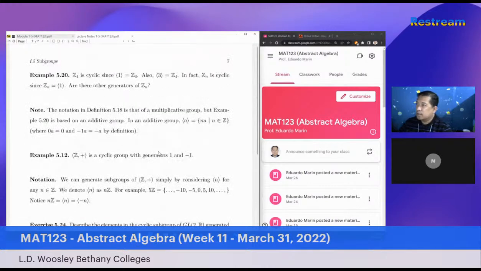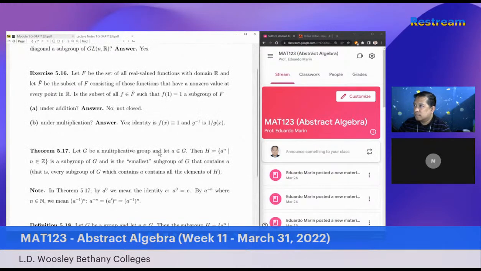Okay, nawala. Nasaan na yun? Non-zero value. So yung F tilde, non-zero value at every point of R. Actually, madaling sagutin to.